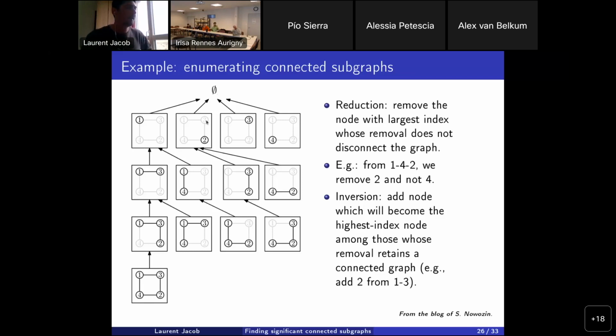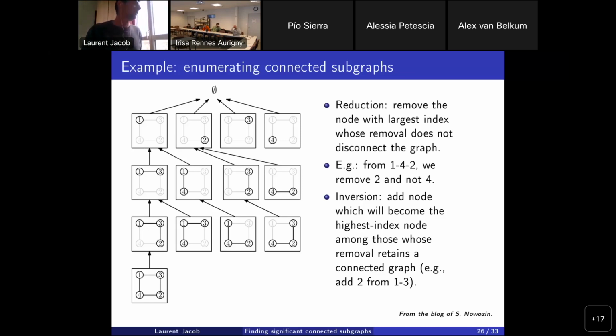So for example, when we start from 1, 3, similarly to what I was explaining before, we don't just add 4, but we will also add 2. Right? Adding 4 will give a child, because 1, 3, 4 indeed gives 1, 3. But 1, 3, 2 also gives 1, 3, because here from 1, 3, 2 we don't remove 3, otherwise we would disconnect the graph. Okay. So you see that the inversion of the reduction can be a bit involved. In this case, it's not too bad, but it's something that we need to take into account.